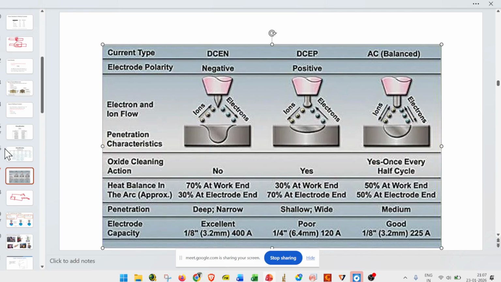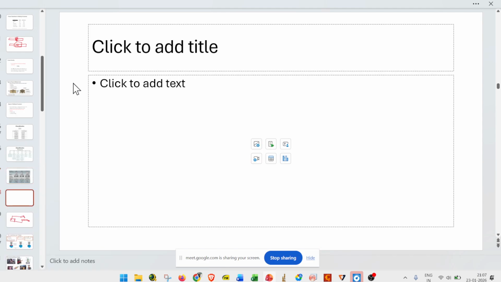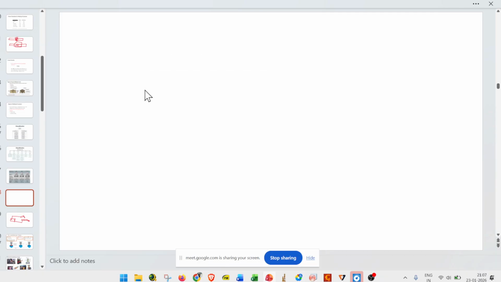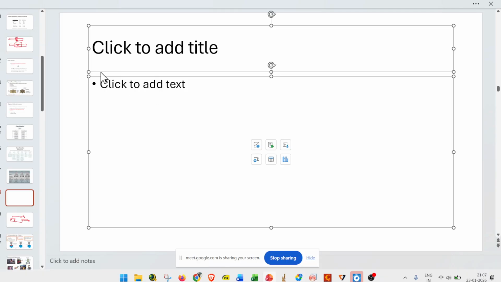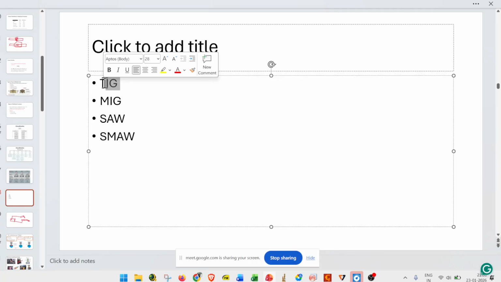So in arc welding also there are sub-classifications. One is TIG welding, second is MIG, SAW, and SMAW. TIG welding is tungsten inert gas welding.